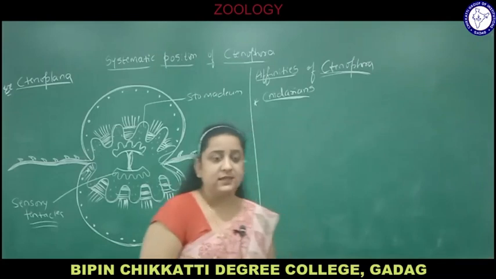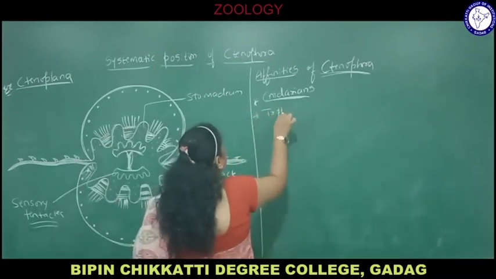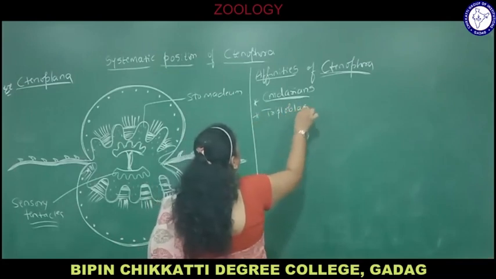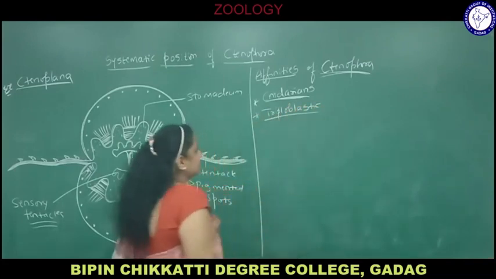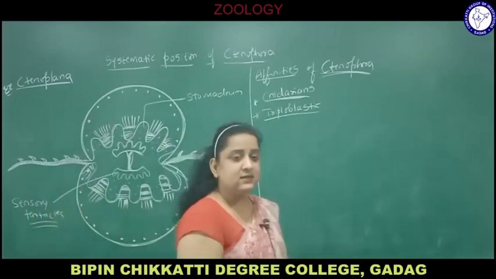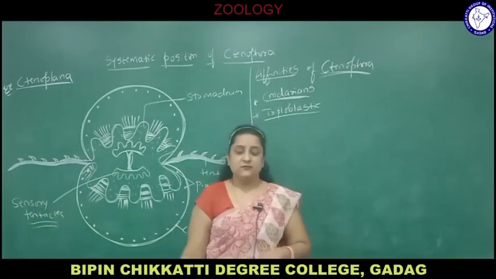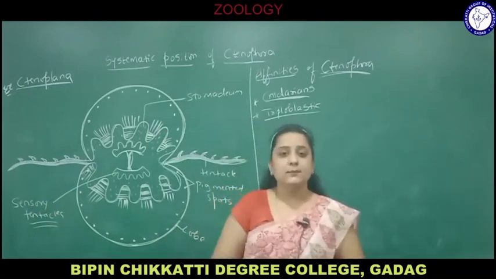They are triploblastic in origin. You know the meaning of triploblastic and diploblastic. Depending on the number of germ layers present in the animal, animals are classified into diploblastic and triploblastic. If there are 2 germ layers, ectoderm and endoderm, it is called diploblastic.